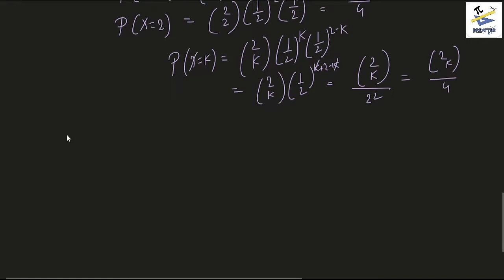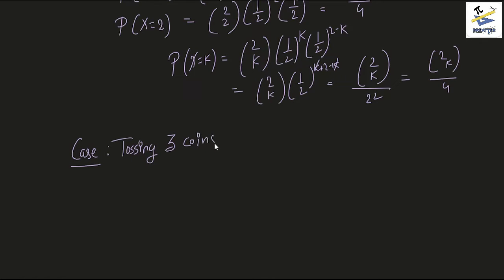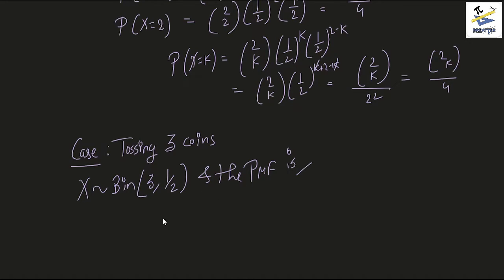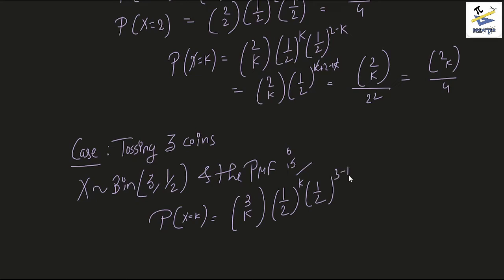Similarly, if I take the case for tossing 3 coins, then we can say that x follows the binomial distribution with parameter 3 and probability 1 by 2, and the PMF is 3ck into 1 by 2 whole to the power k into 1 by 2 whole to the power 3 minus k, right?